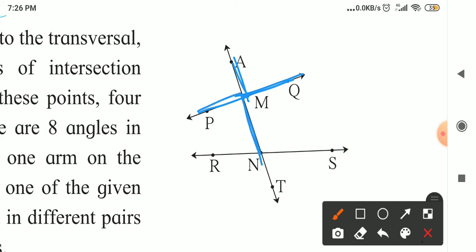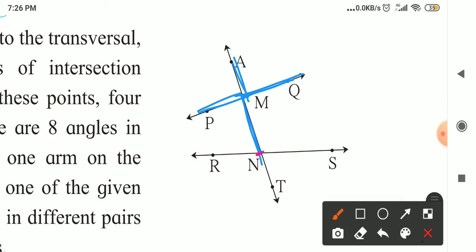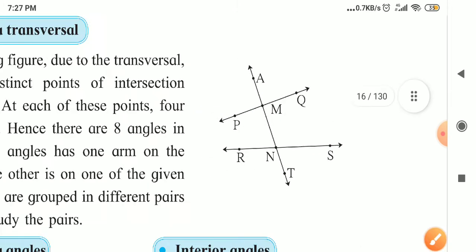Okay, these 4 angles form at point M. If we consider the other point, that is point N, then M and S, S and T, T and R, and R and M, these 4 angles form at point N. So 1, 2, 3, 4 at point M, 1, 2, 3, 4 at point N. Totally 8 angles are formed when the two distinct lines are intersected by a transversal. Okay, clear?